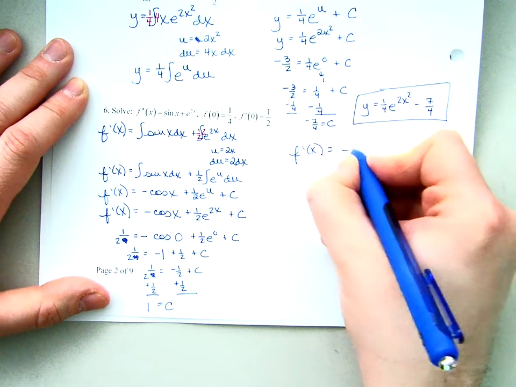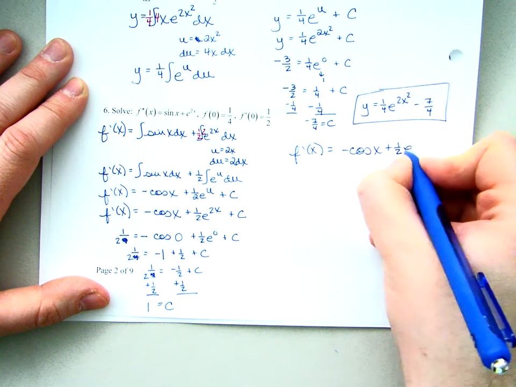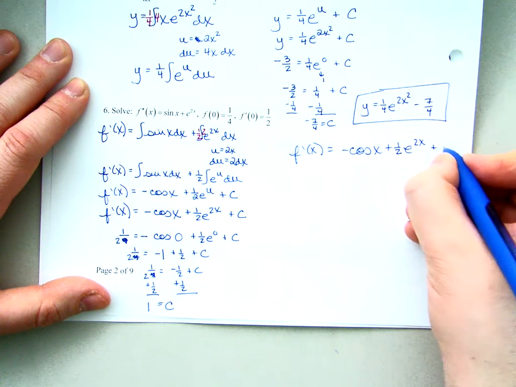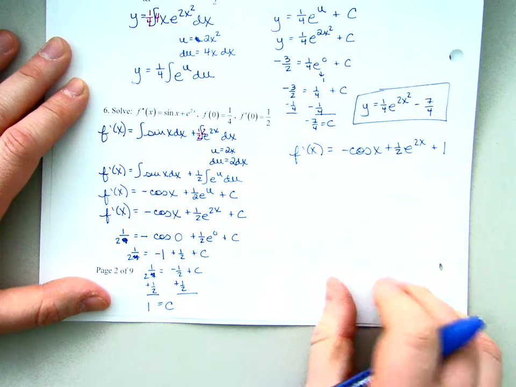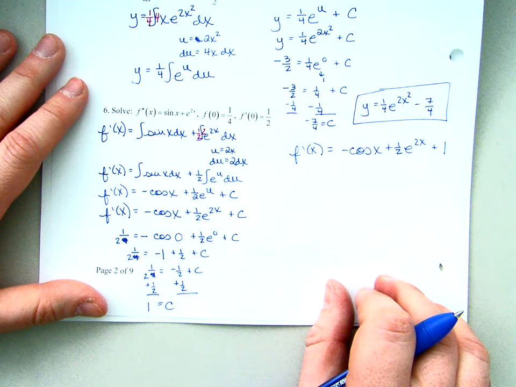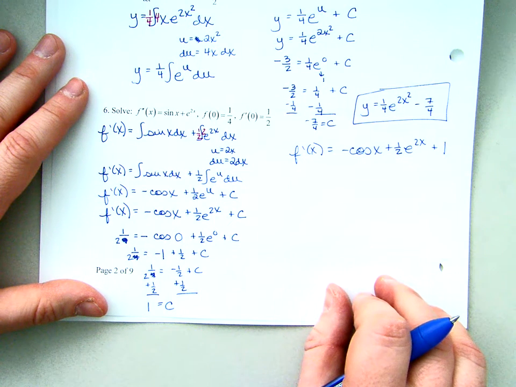Okay, so I have my first derivative figured out in number 6. I have f prime of x equals negative cosine x plus 1/2 e to the 2x plus 1. Do I believe you? Should I believe you? U substitution, not chain rule.